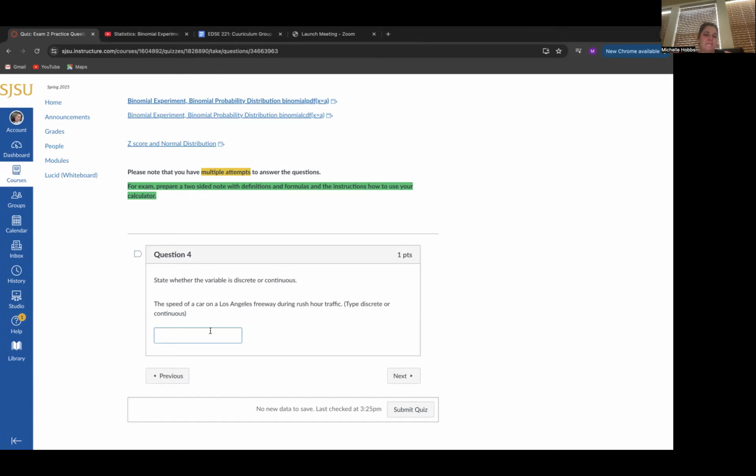So continuous for that one. The speed of the car can be expressed as a fraction or a decimal because you can write out the miles per hour. So that's a good way to remember that.